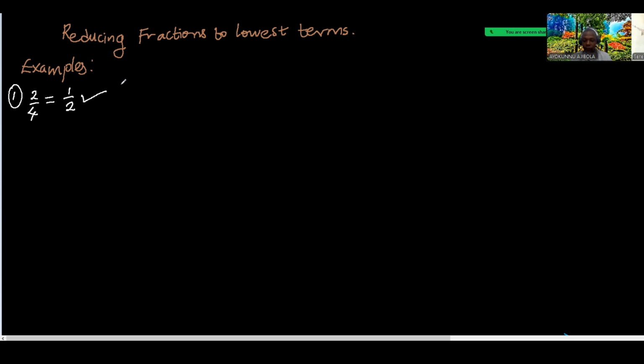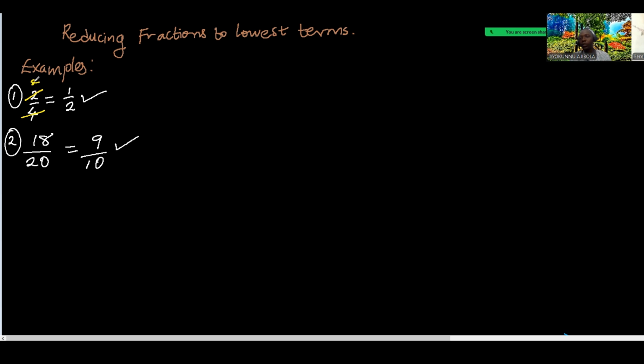Is that clear? And if I have something like 18/20, I can still divide them by 2, okay? I will say, how many 2 is in 18? That's 9. Then how many 2 is in 20? That's 10. Is that also clear? So we're just looking for a common factor, a number that can divide 2 and can divide 4, and that number is 2.